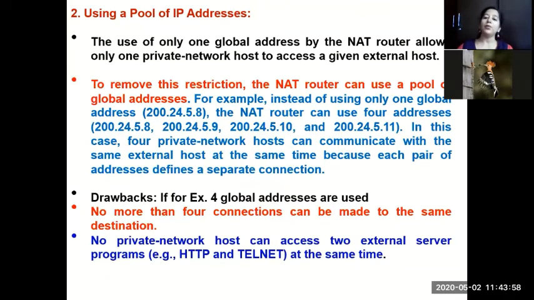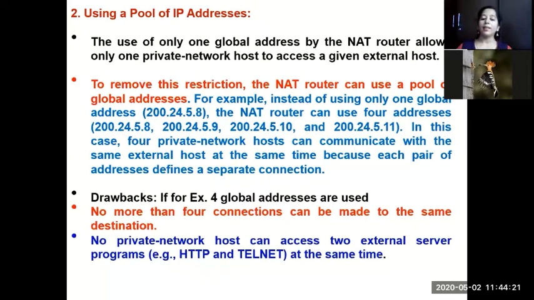It won't be able to recognize which packet should be forwarded to which service program on your system. So the second disadvantage here is, a single host can't access 2 types of external server programs like HTTP and FTP or something like that.